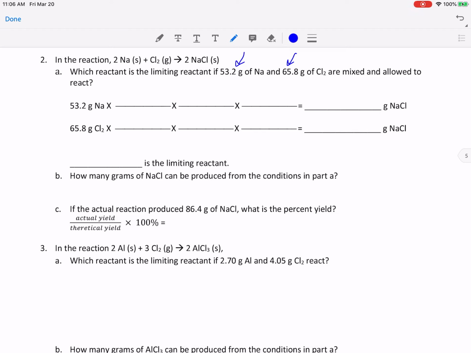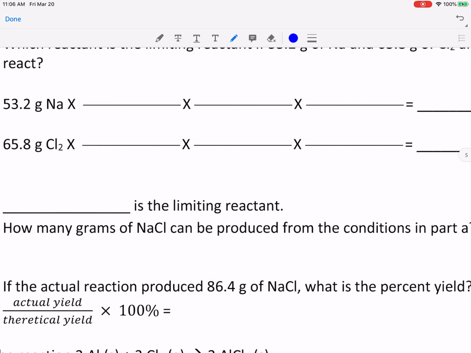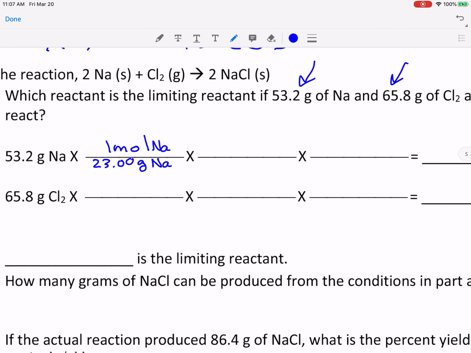To do that, you need the molar mass of sodium, which is 23.00 gram of sodium is 1 mole. And remember, it's divided by the molar mass. Now you have moles of sodium, and you have to go back to the chemical equation to get the mole ratio of sodium.